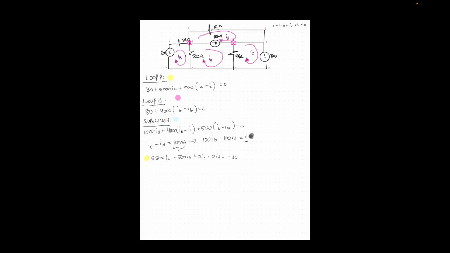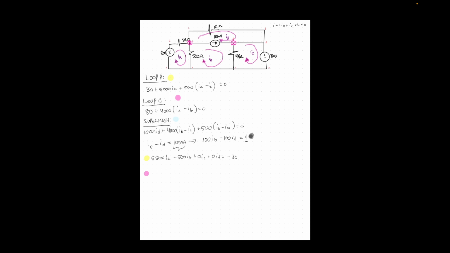Next, I'm going to go to my pink section. When I distribute my 4,000, my IBs, oops, looks like I made a little bit of a mistake here. Let's go ahead and correct that. For my loop C, this should actually be an IC right here. 4,000 IC minus IB. That's correct.